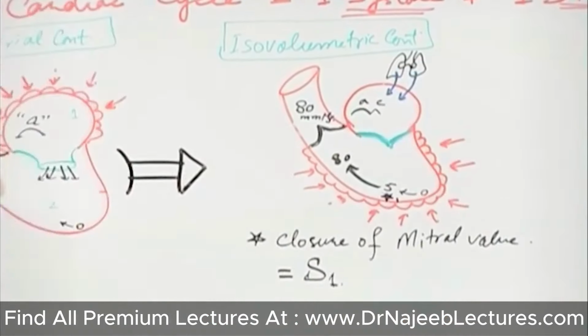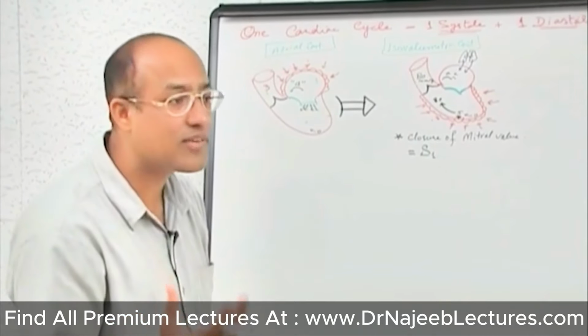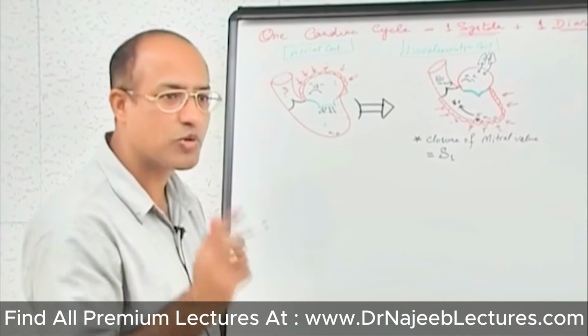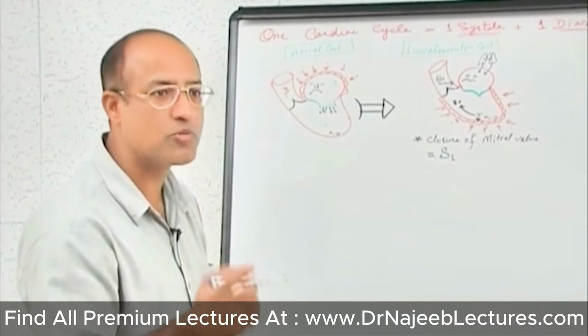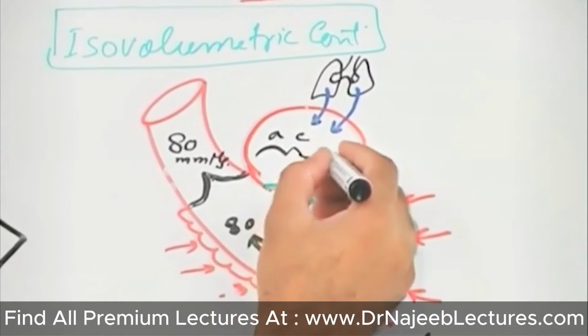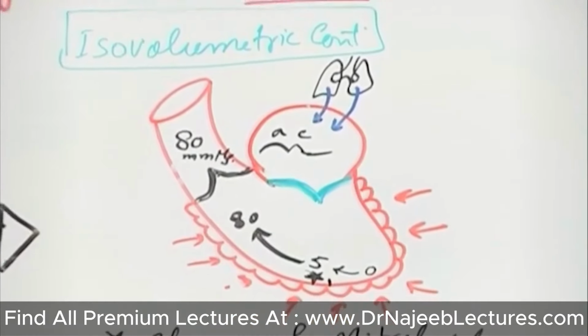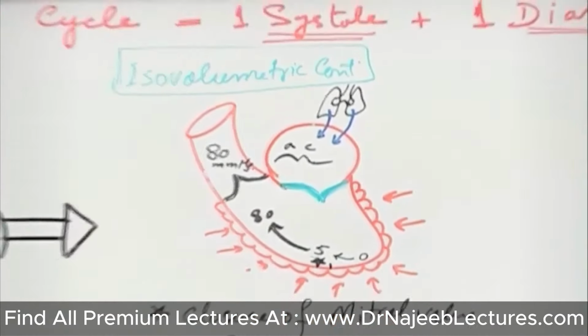So this blood keeps accumulating in the atrium. The atrium works as a tank and keeps accumulating the blood returning from the lungs. Is that right? And of course, there is a slightly increased pressure, and this pressure is increasing due to the venous return coming from the lungs and accumulating in the dilated atrium.